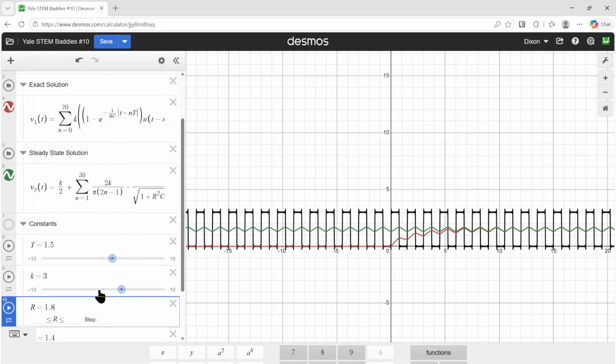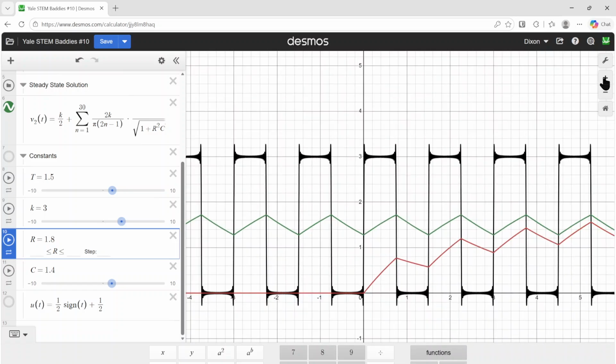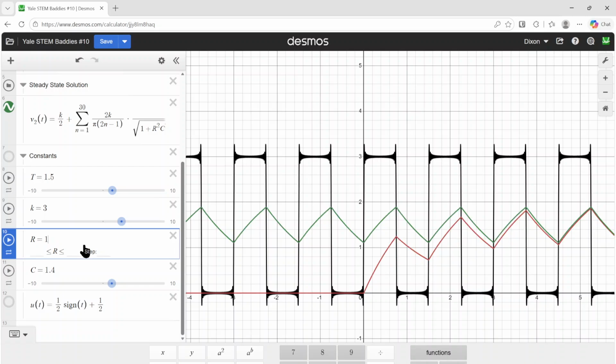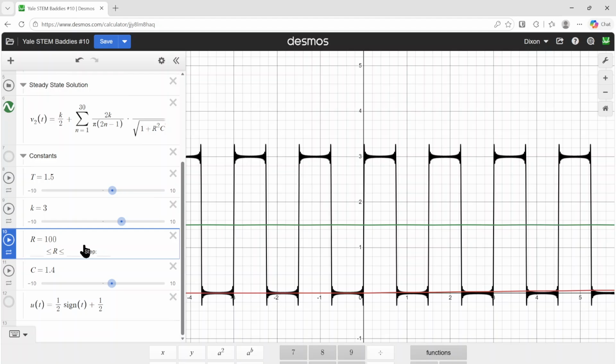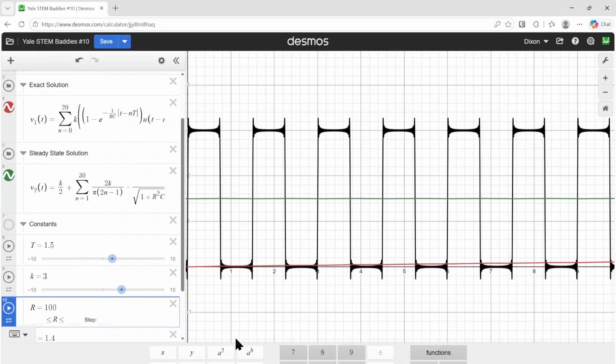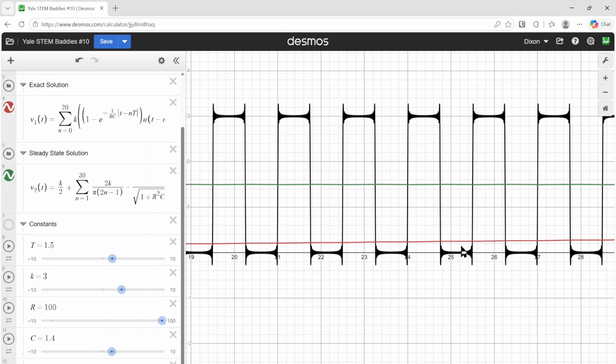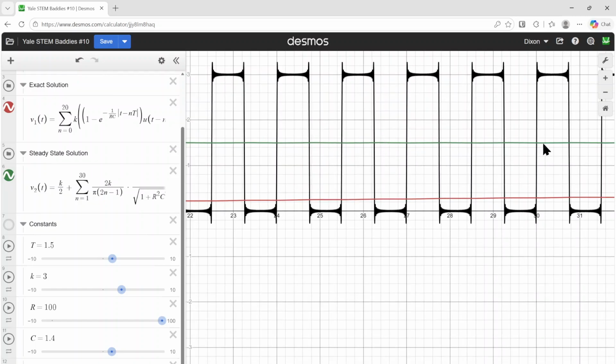We can change the resistance that was in the filter. If we make this resistance really high, you can see that maybe the exact solution does start to matter because it takes the exact solution a long time to build up to meet the steady state solution.